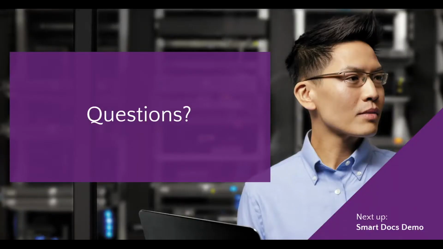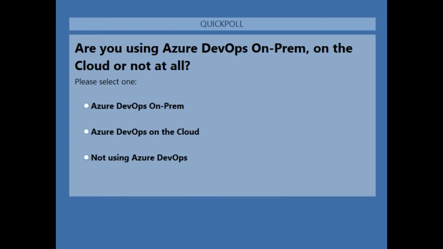And that brings me to the last question. If you're using Azure DevOps, are you using it on cloud, on-prem, or you're not using Azure DevOps at all? And of course, Azure DevOps was previously known as TFS or VSTS.